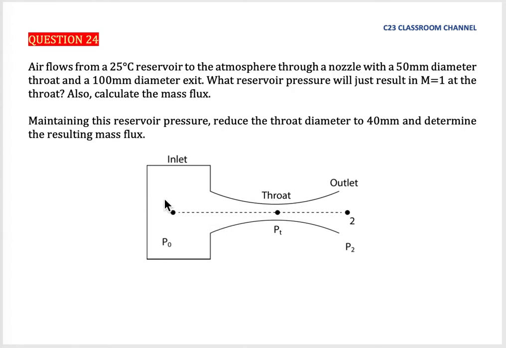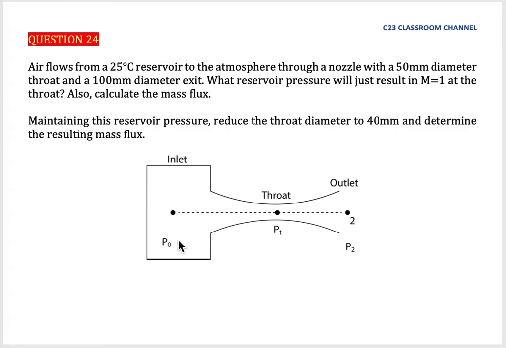And then we hope a pressure here will create subsonic flow here, and then increase to the Mach number 1 at the throat, and then will accelerate with certain Mach number exceeding 1 at the outlet.